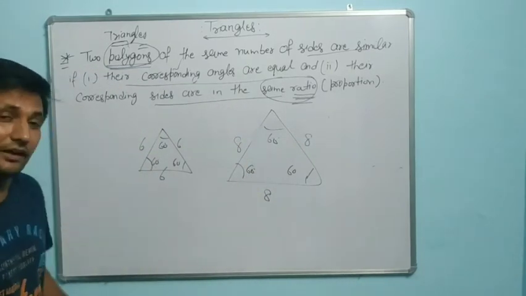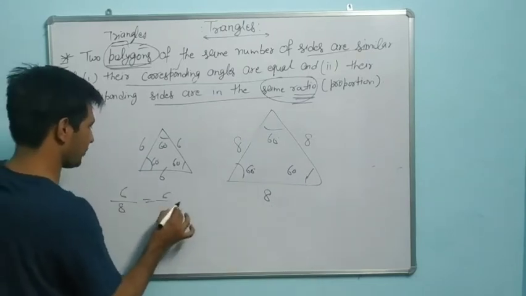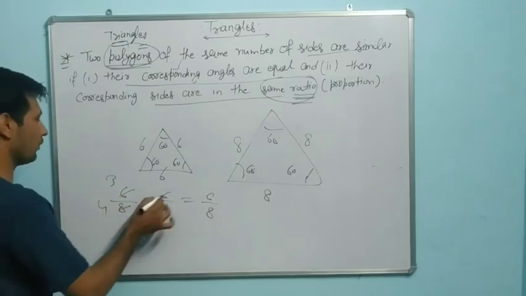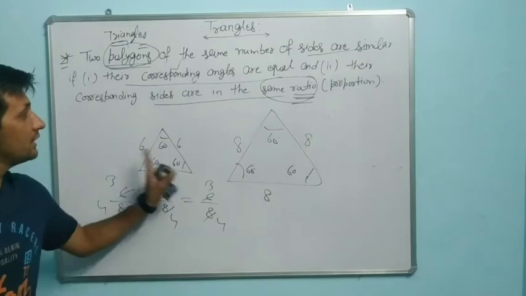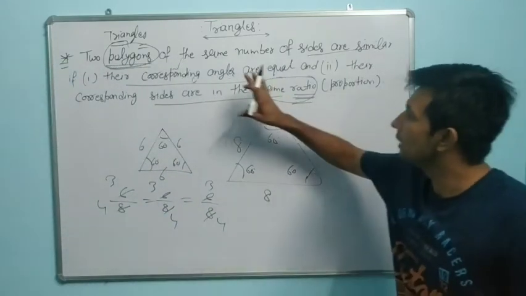Yes. And the ratios of the sides, 6 upon 8, all are equal? Yes. You can write 3, 4, 3, 4, 3, 4. All ratios are equal. It means they are similar. Understand? Note it down.